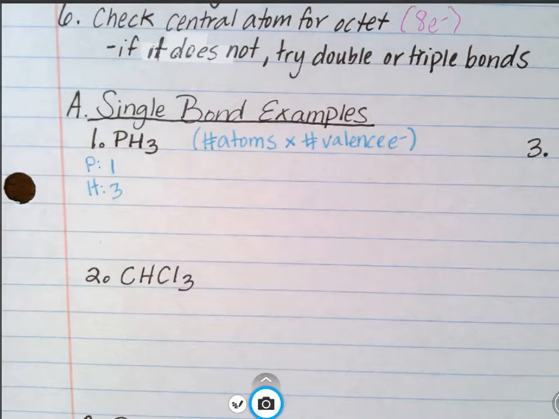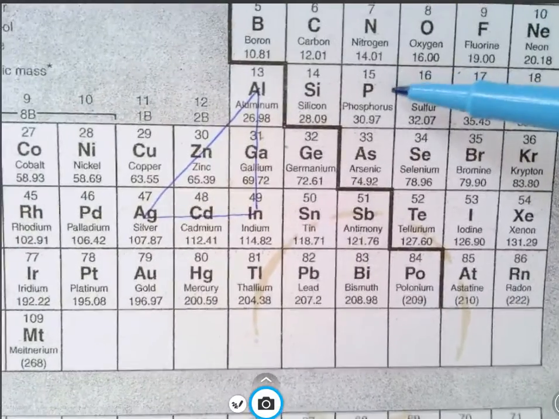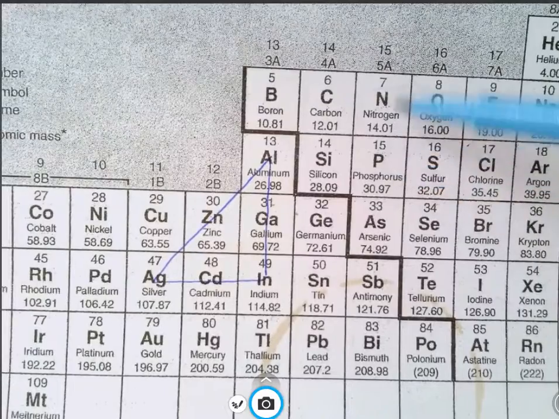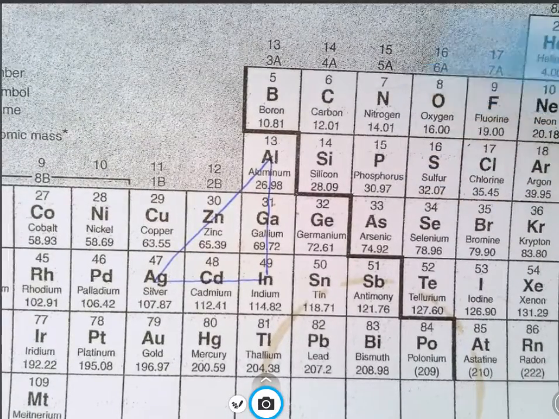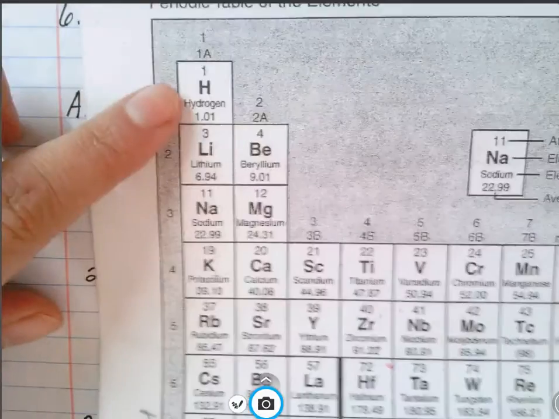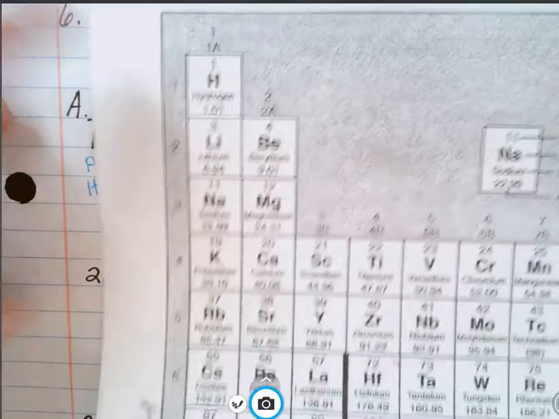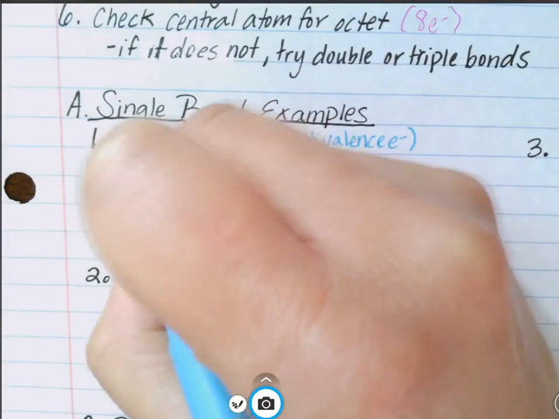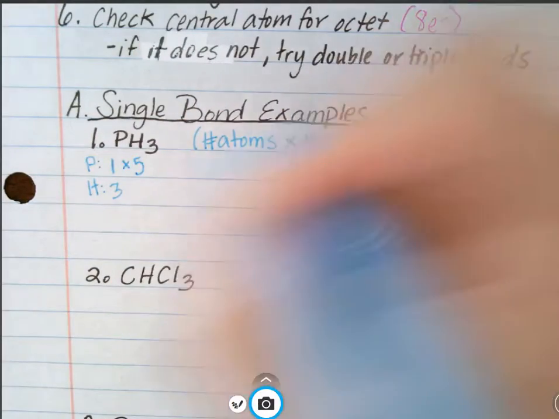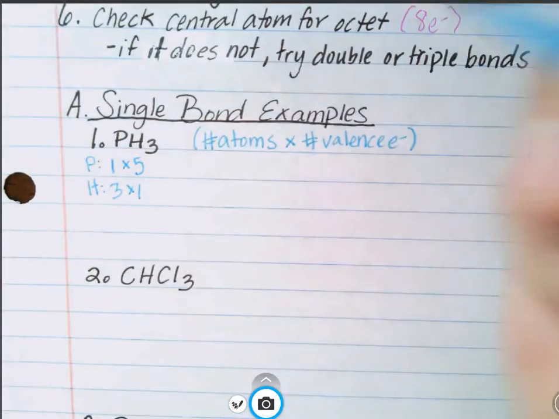So if we look for phosphorus, here's my periodic table. Phosphorus is under group 5A, so it has 5 valence electrons. And hydrogen is under group 1A, it has 1 valence electron. So it'll be 1 times 5 for phosphorus and 3 times 1 for hydrogen.